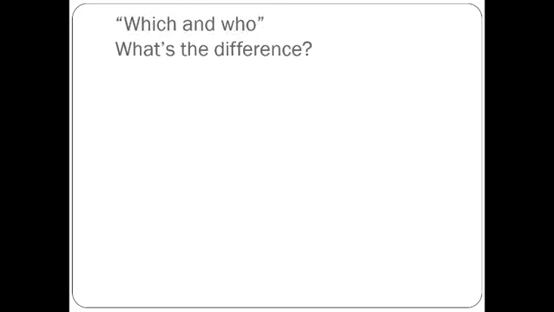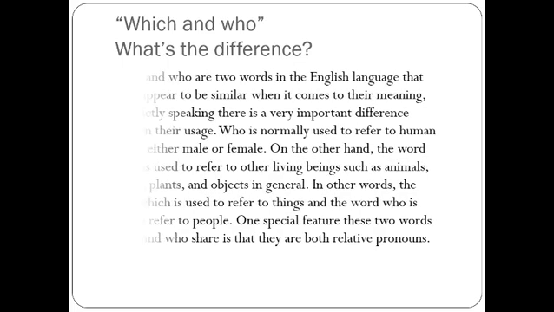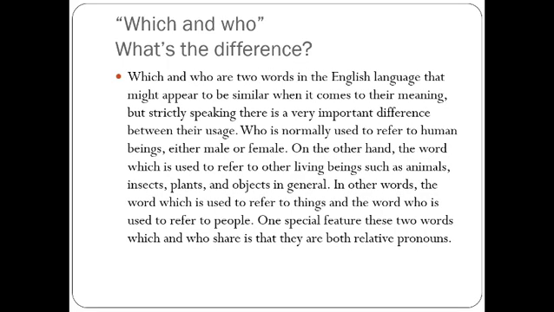Which and who? What's the difference? Which and who are two words in the English language that might appear to be similar when it comes to their meaning, but strictly speaking, there is a very important difference between their usage. Who is normally used to refer to human beings, either male or female.